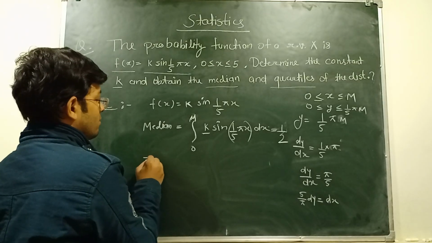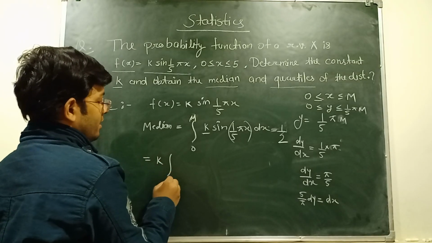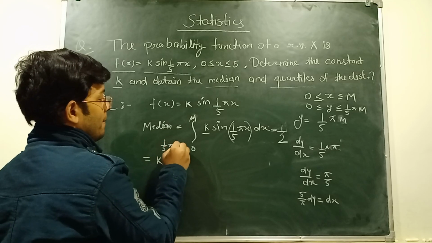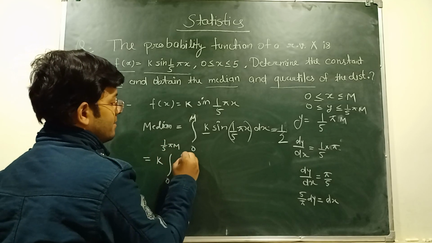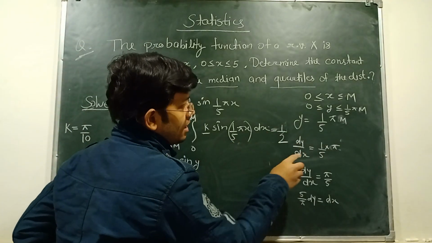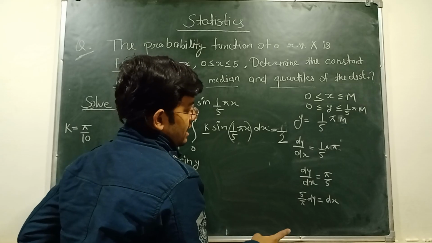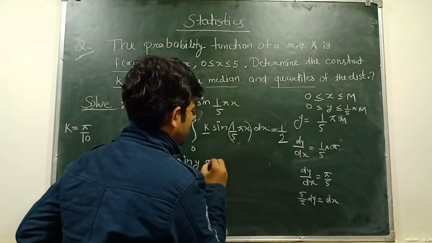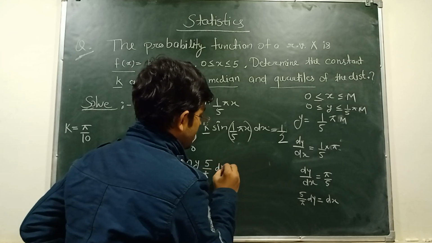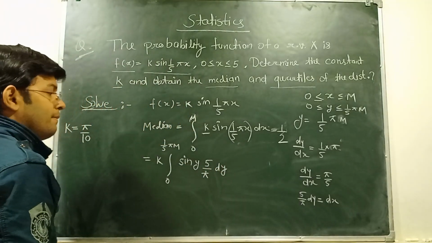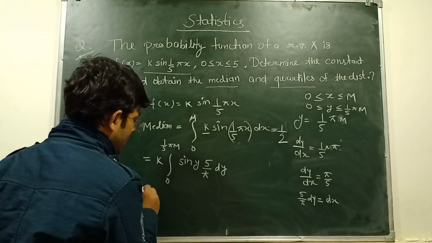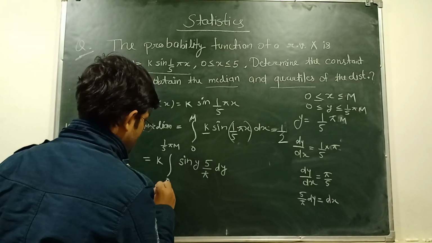So now we can write 1 by 5 pi m, sine, and this term is equal to y, and dx we can replace with 5 on pi dy. So now we can solve these equations.